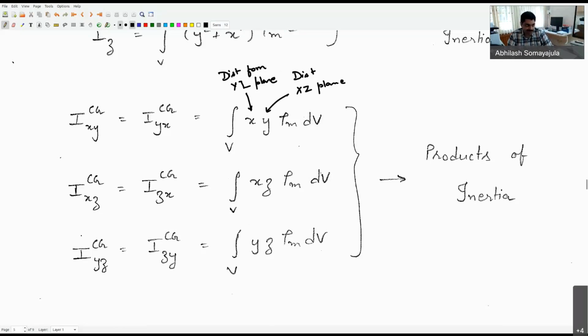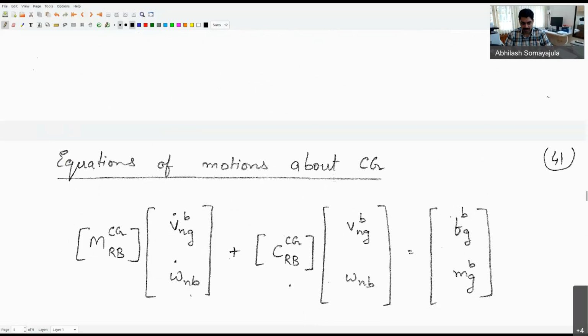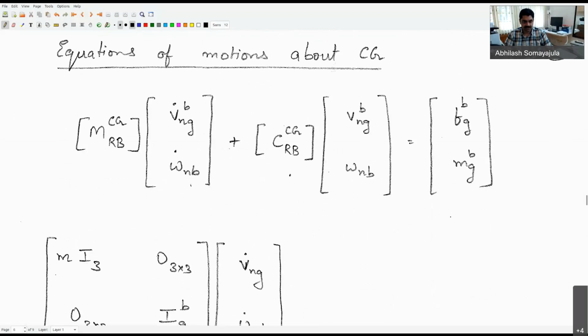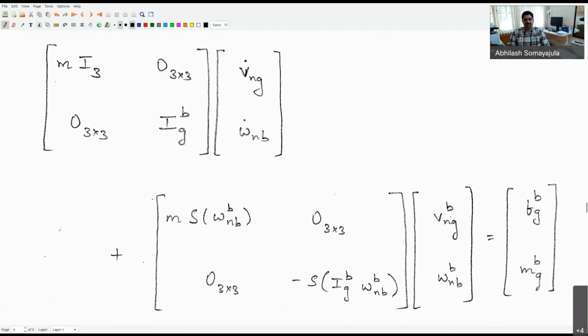This is the counterpart for when you are looking at what is the angular momentum of the body. It can be expressed as this inertia matrix times the omega, where omega is the angular velocity of the body. All right. So if I combine everything together now, I can express my complete equation of motion in this form.